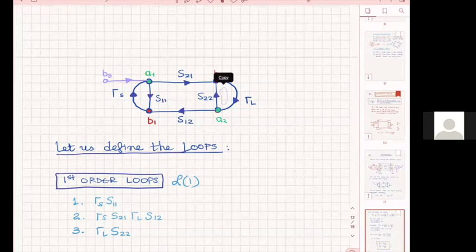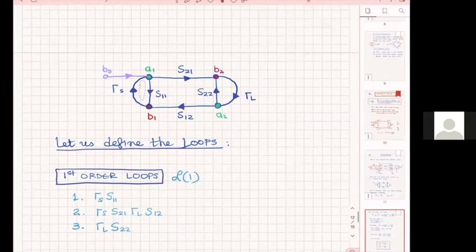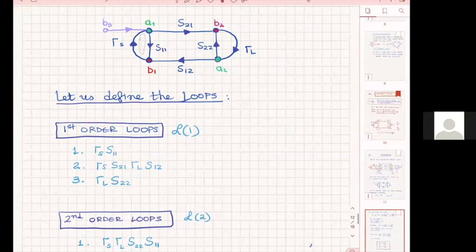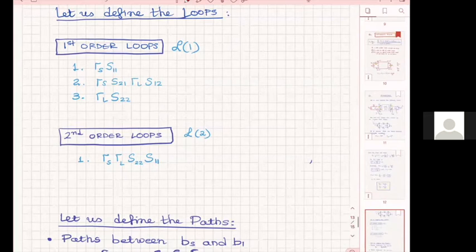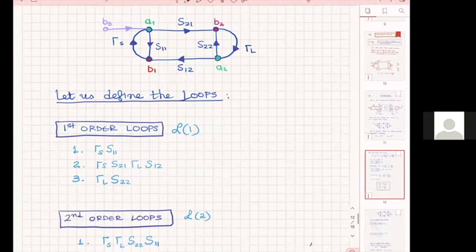Ah, there we go. So you see this is S22 gamma L. And in this one is gamma S S11.